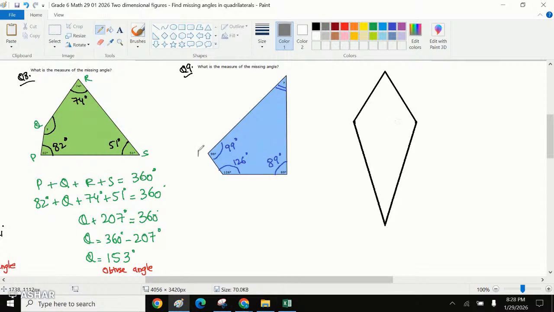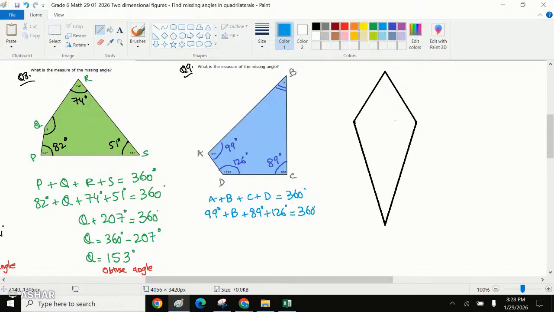So we can say that this was A, B, C, and D. So A plus B plus C plus D should be equal to the sum of interior angles. Let's confirm, please. Yes, very good. Let's have positive, constructive learning and competition. 99 plus B plus 89 plus 126 should be equal to 360.